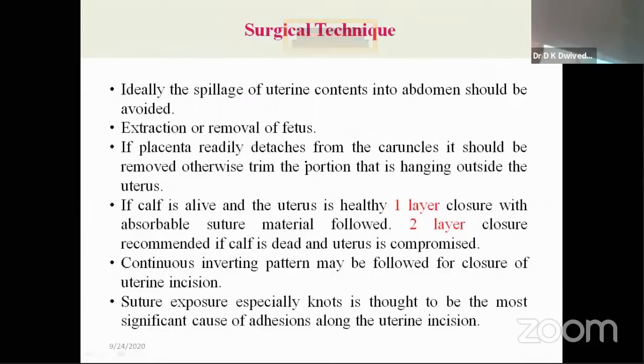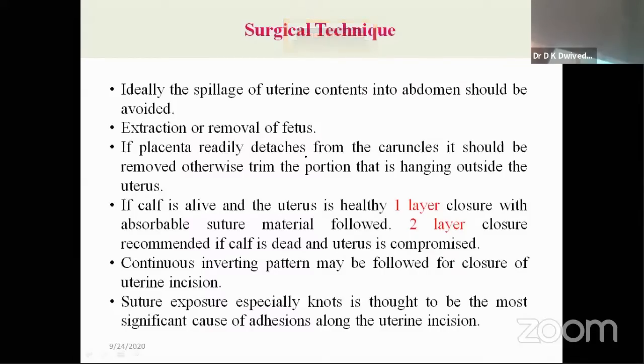Now, ideally, as far as possible, you have to prevent the leakage of the uterine contents into the abdominal cavity, because this may lead to contamination of the abdominal cavity and the development of peritonitis. So during the surgical procedure, you should prevent the leakage of the uterine content into the abdominal cavity. And thereafter, you have to go for the removal of the fetus from the uterus.